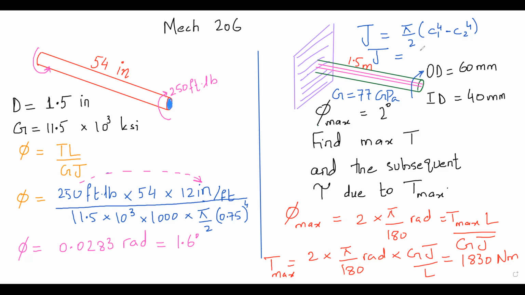So the maximum end-to-end twist is 2 degrees. I have to convert that into radians, so I get pi by 180. Since it is max, with TL over GJ, I also wrote T max. That's the maximum torque that will produce the maximum twist. Then I took all the other quantities on the other side, so I'm left with T max on one side and the rest of the chunk on the other side.